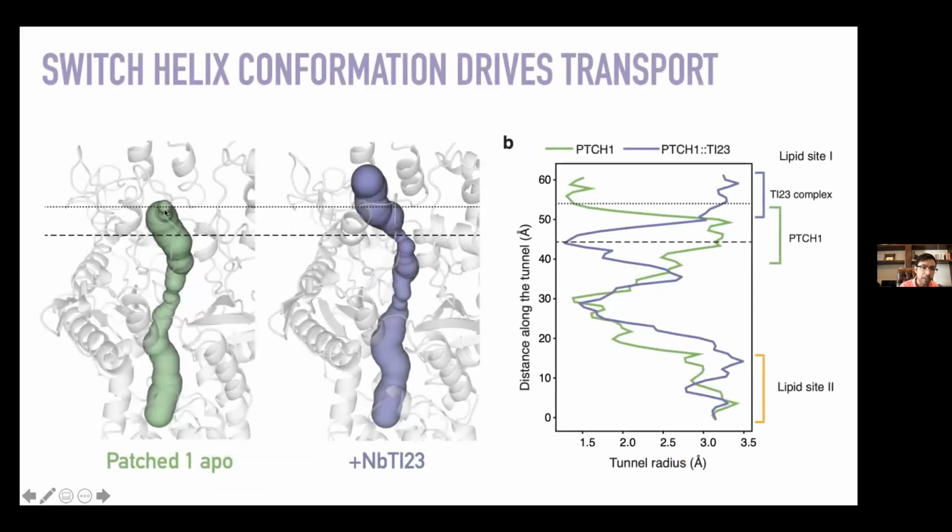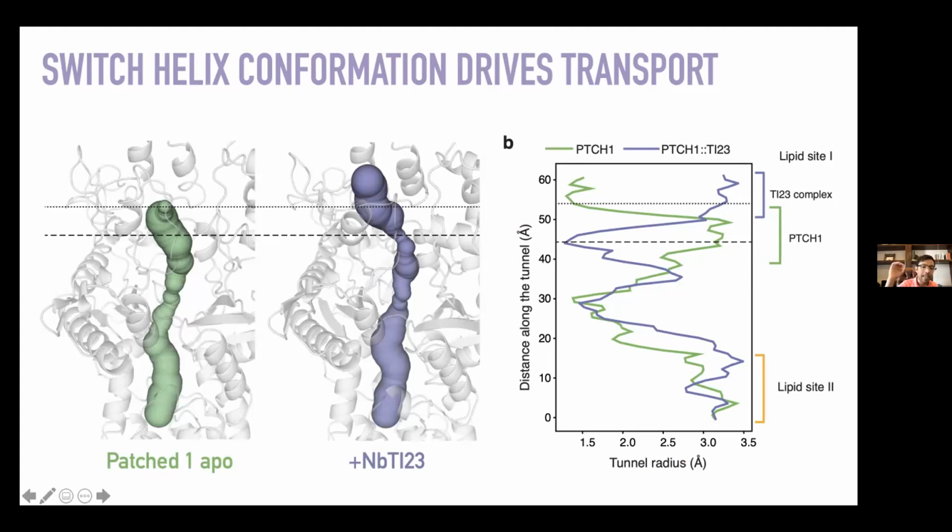That's right here. In green is a structure of the conduit in Patched without any nanobody, and in blue is what happens when the nanobody binds. This just reflects that switch helix moving, which creates a new cavity and a constriction.